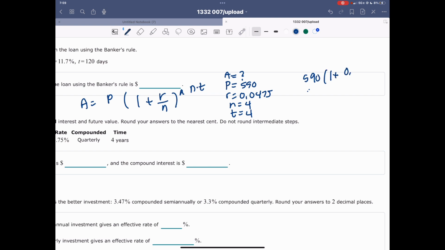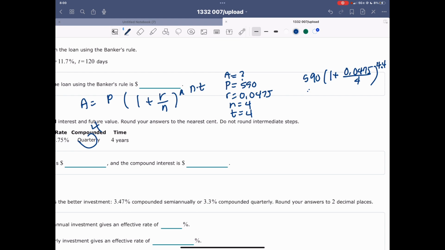590 times 1 plus 0.0475 divided by 4. Quarterly is 4. And then 4 times 4. So put that in the calculator. So 590 parentheses 1 plus 0.0475, all of that over 4.